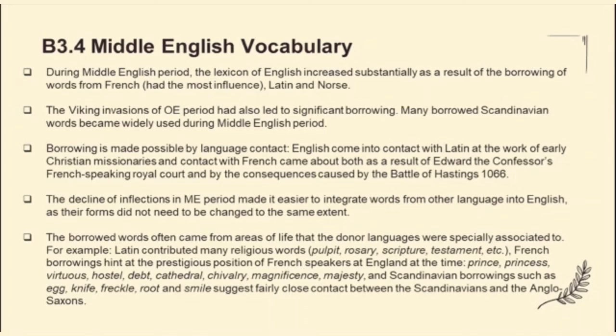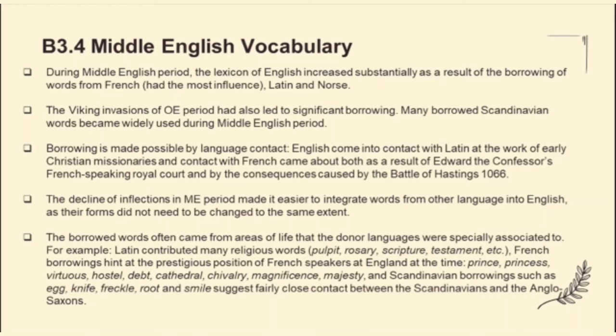During the Middle English period, the lexicon of English increased substantially as a result of the borrowing of words from French, which had the most influence, Latin, and Norse. The Viking invasions of the Old English period had also led to significant borrowing. Many borrowed Scandinavian words became widely used during the Middle English period.